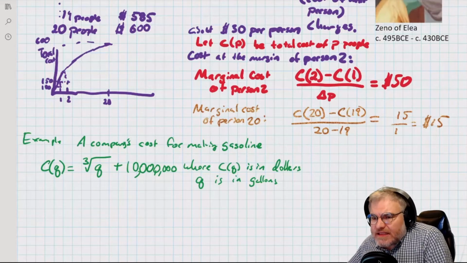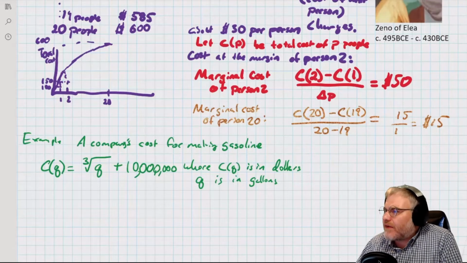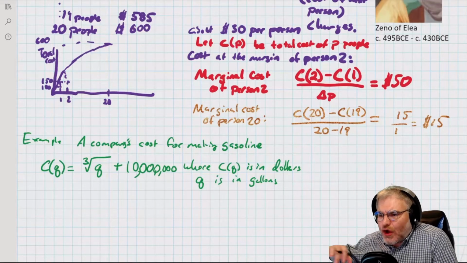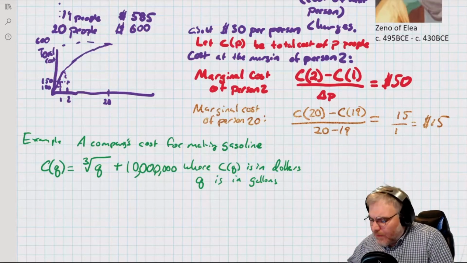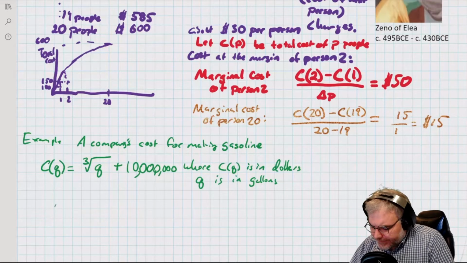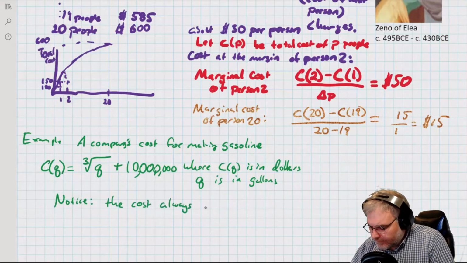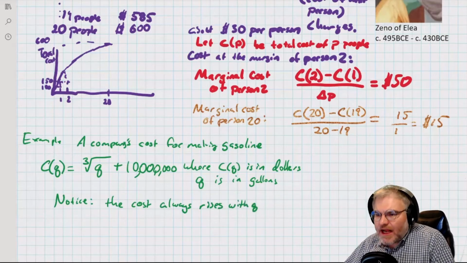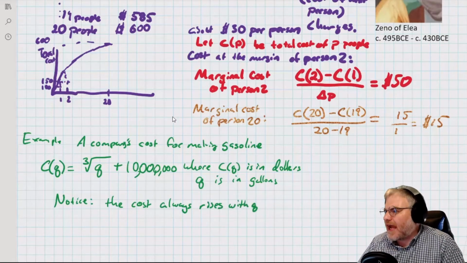So let's even graph it on Desmos. And notice that the amount that we're going to spend always goes up. So if I want to make more gasoline, it always costs me more to make more gas.